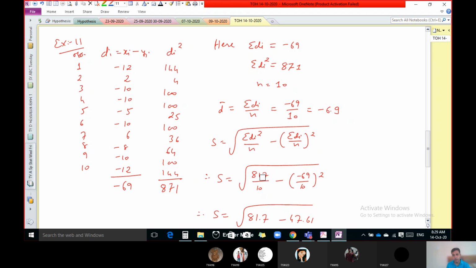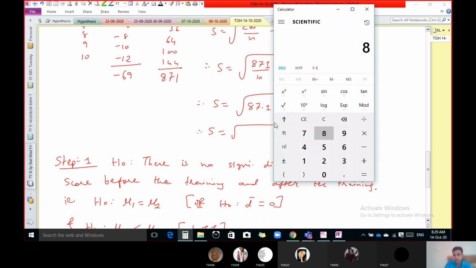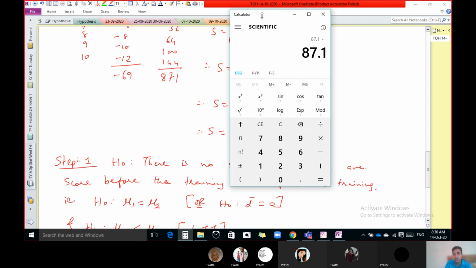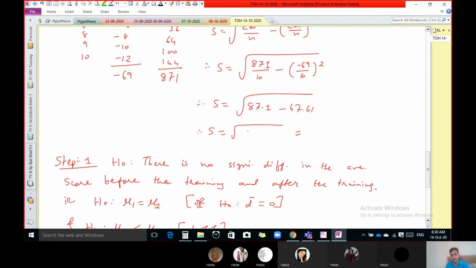Here there is a great problem. So do the calculation: 87.1 minus 47.61. That is 39.49.